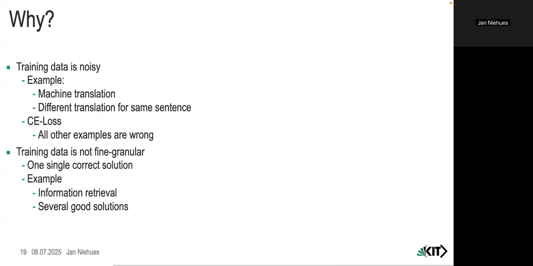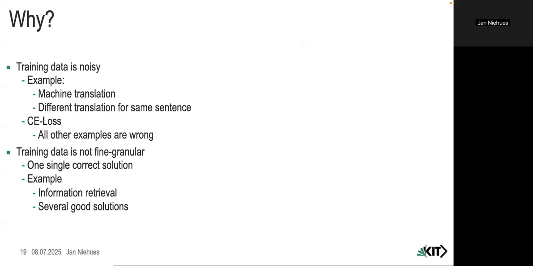If you do cross entropy loss, then we improve the probability of the correct solution, and all the others we try to decrease. So the training signal in cross entropy loss is that this is the right solution and all other solutions are bad. Of course, that's not true.